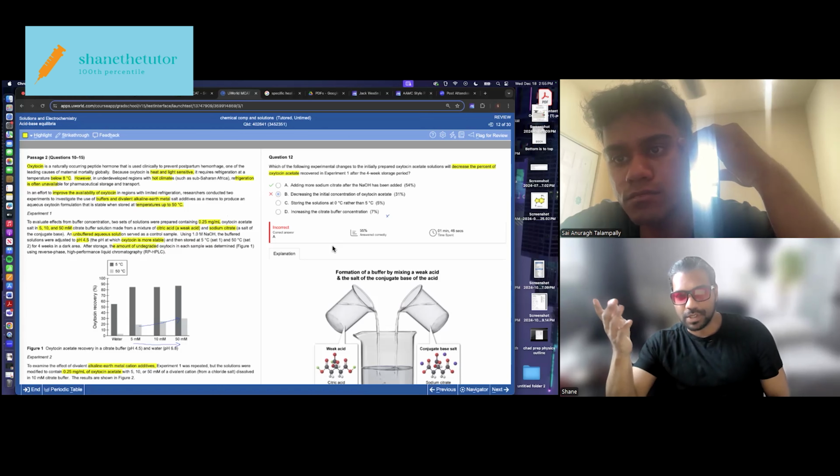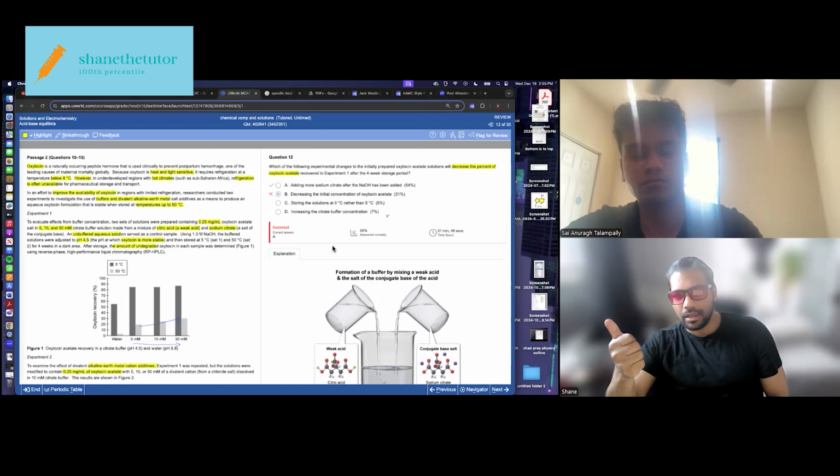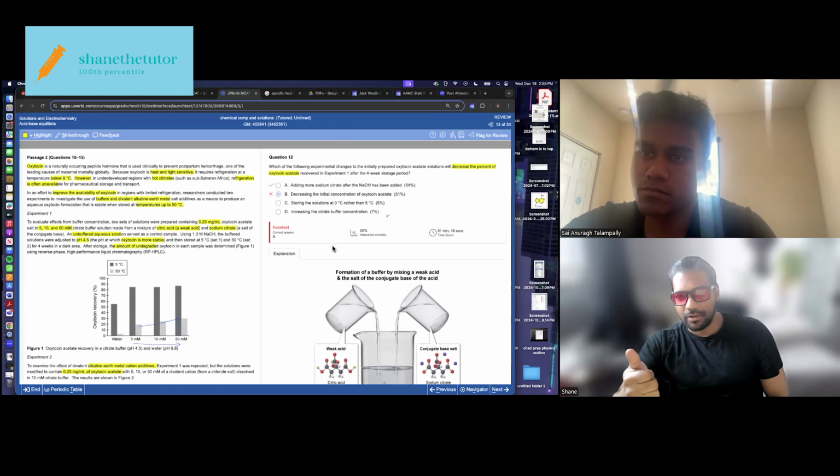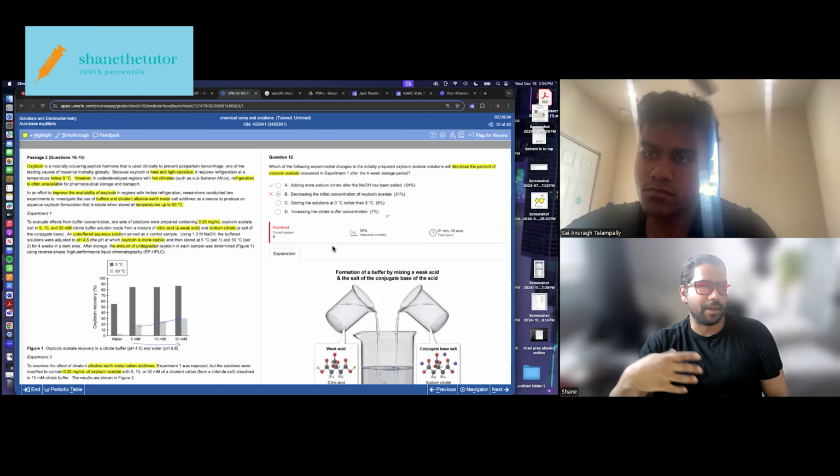So my thoughts for C are either at 0°C it'll freeze, so that won't work, or at 0°C it won't freeze because of freezing point depression. But we know if we decrease the temperature, we should have a higher amount of recovery, right?